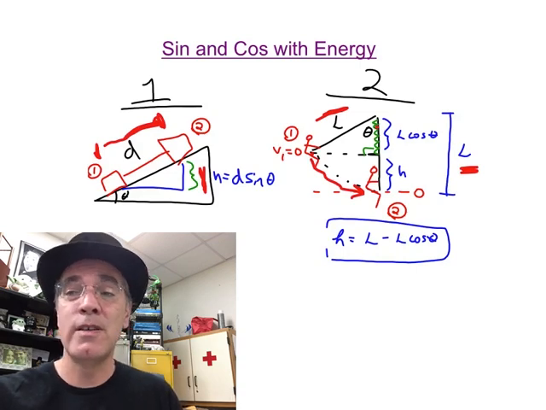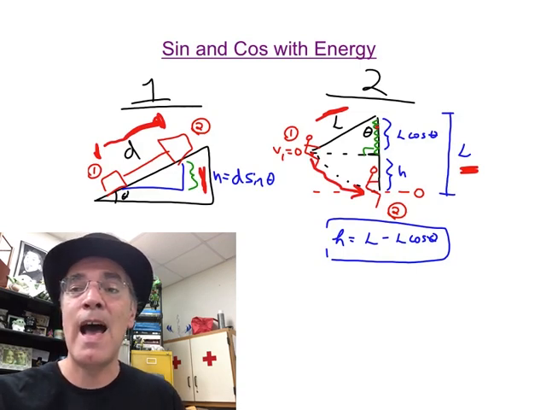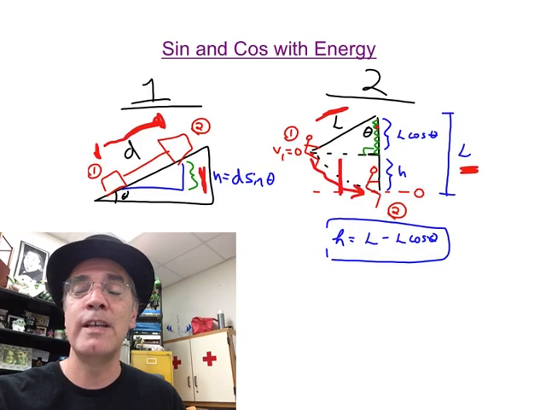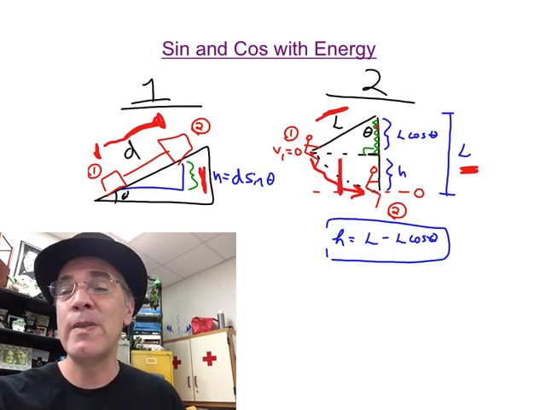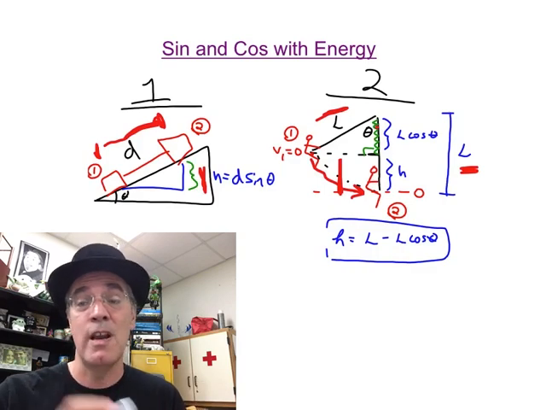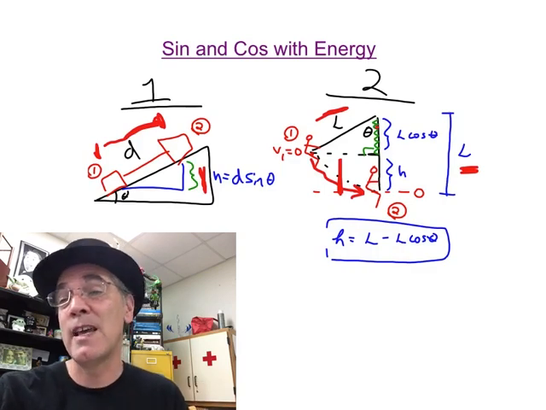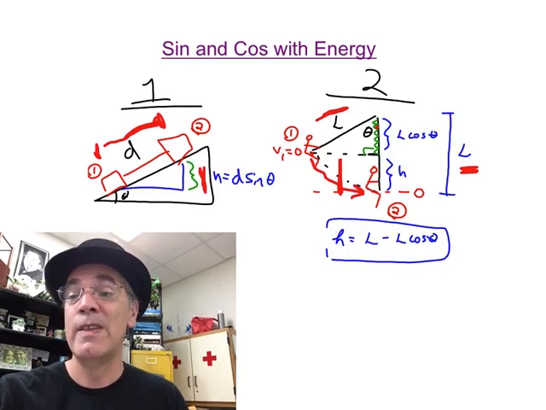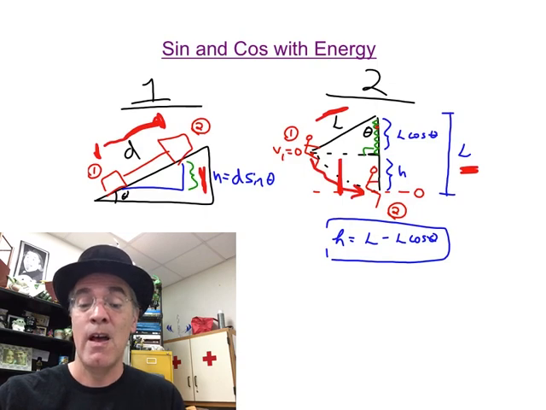I don't want to know that length. I want to know how high it's changed. So this little h here. And so I have to go ahead and find this little green thing right there. I like to call that green thing squiggle bit. I put squiggles on it. And that squiggle bit thing is going to be the hypotenuse, which is L, times the cosine of the angle because it's the adjacent side. And so we get this little squiggle bit thing right there.